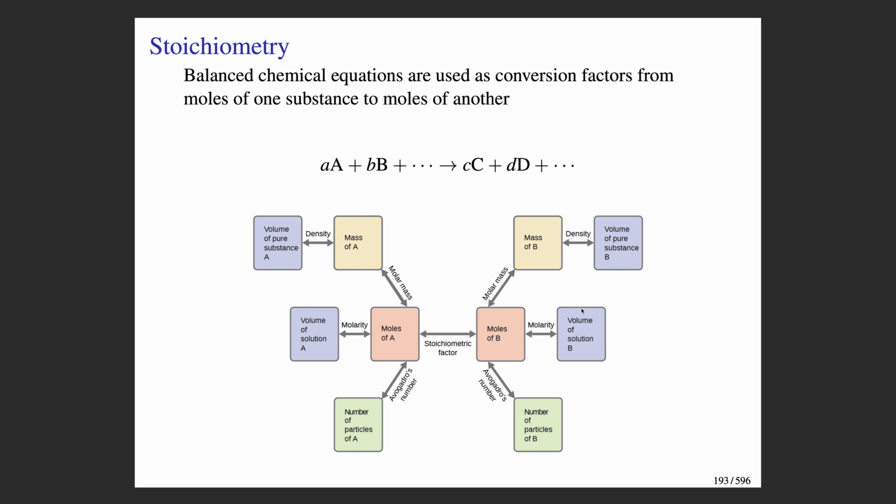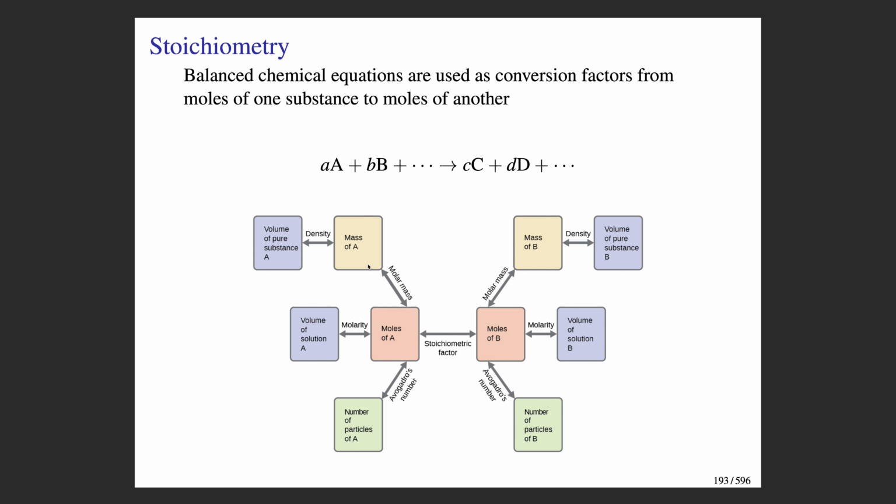So that would be a volume to volume type of conversion. You could also do it if you knew density rather than molarity. It's a little silly to go from number of particles to number of particles, but in principle you could do that using Avogadro's number as the conversion factor.